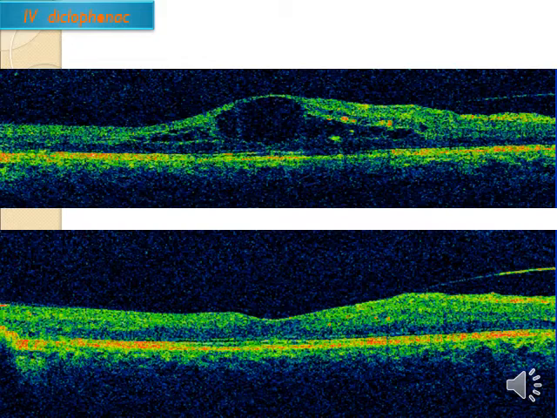Pan-retinal photocoagulation aims to destroy the peripheral part of the retina so that the small amount of blood reaching the retina is reserved for the more important central retina.